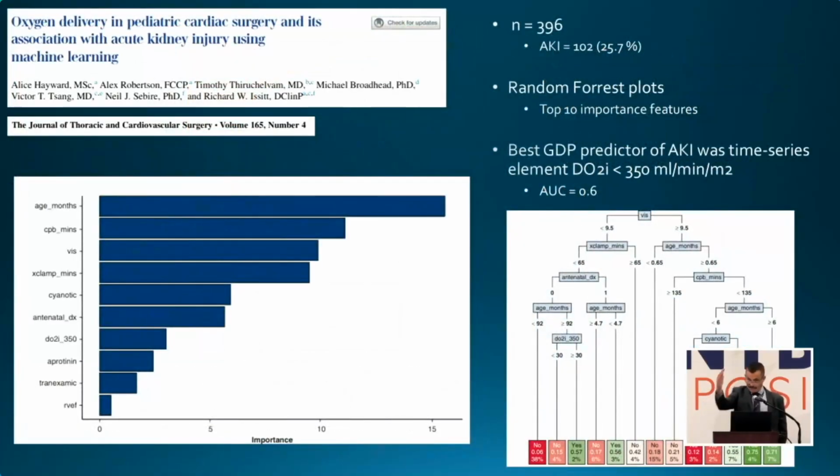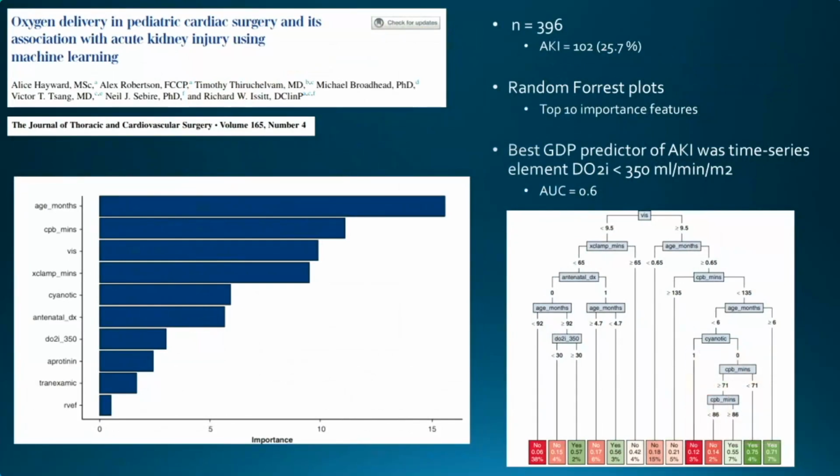A more excellent analysis by our host here, Richard. This was done in pediatric cases. This was 396 cases, where they used random forest plots and listed their top 10 importance features, number one being age, number two, cardiopulmonary bypass time.